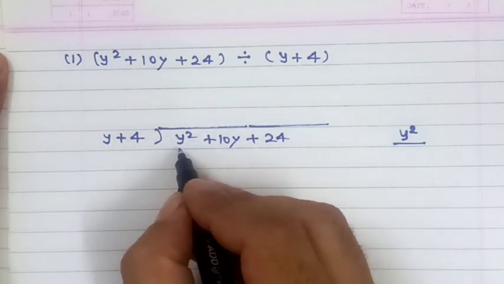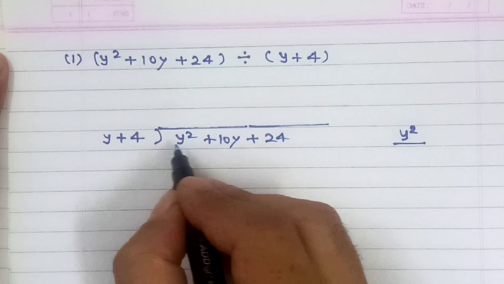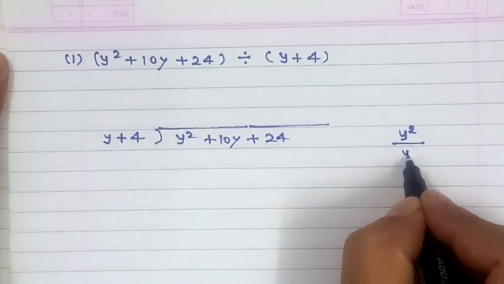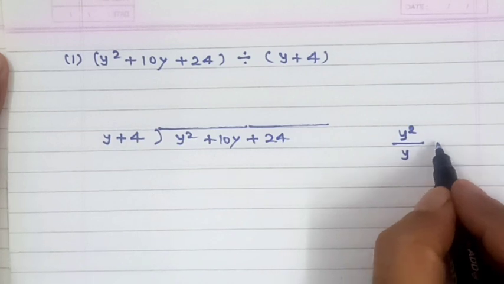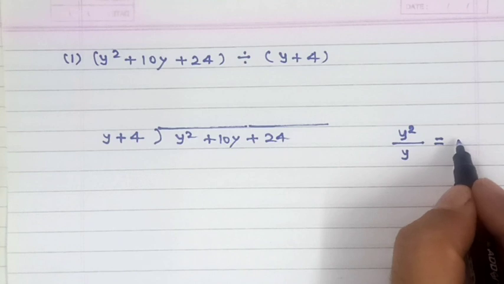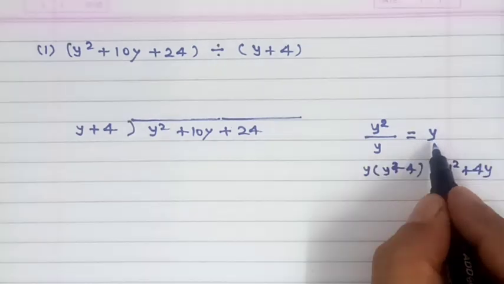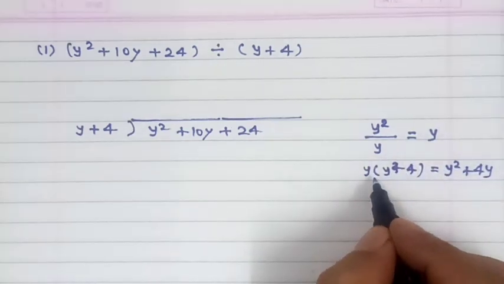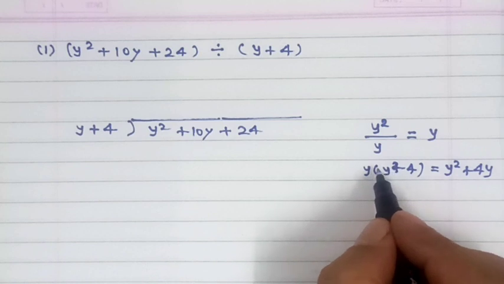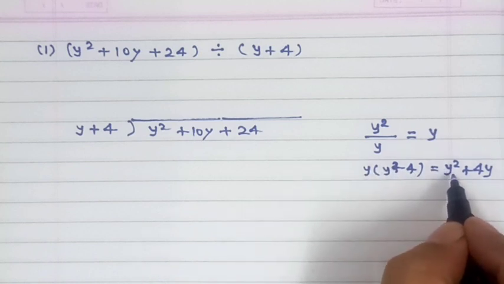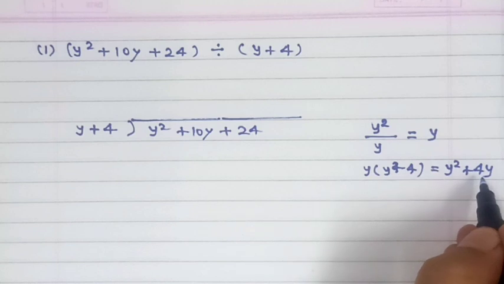Take the first term of the dividend and divide by the first term of the divisor. Here it is y. So when you divide y square by y, you will get y. Whatever answer you get, you multiply with the divisor, that is y multiplied with y plus 4, you will get y square plus 4y.